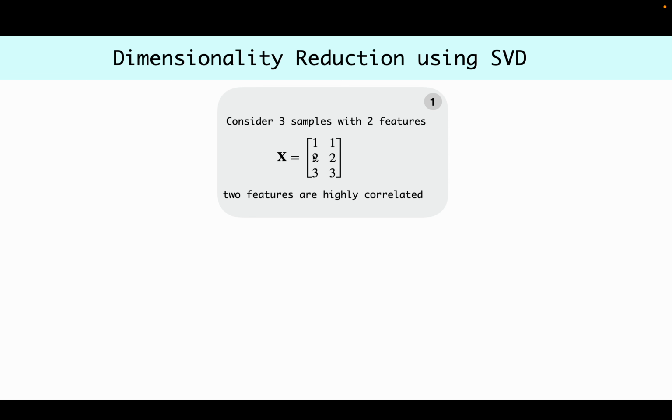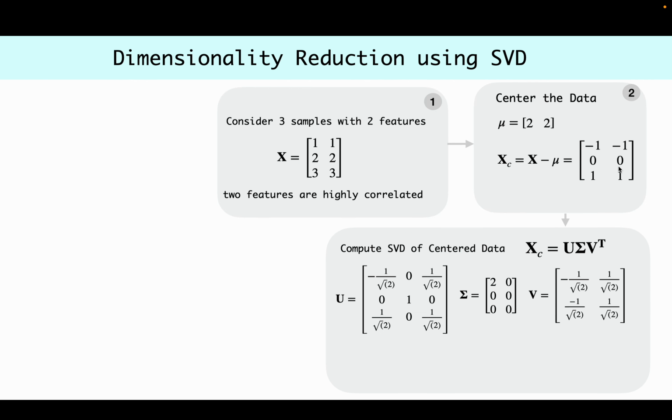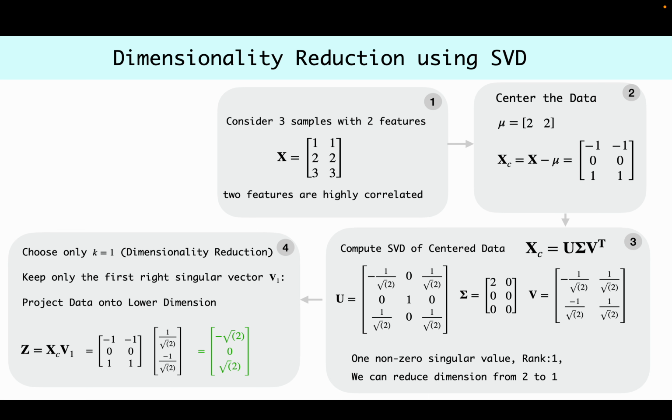Consider the matrix X with 3 samples and 2 features, and as you can see they are very highly correlated, and when you do mean centering, this is what we get. When you apply singular value decomposition, you get U sigma V transpose. But as you can see, there is only one nonzero singular value; the other singular value is 0. So we can eliminate this redundant data, and only consider the singular vector of the maximum singular value, which is from V. When you do that, we have something as follows.